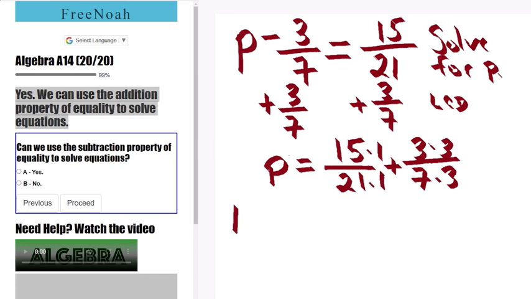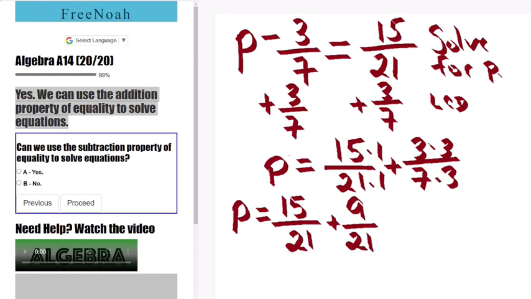And for the first fraction, we're going to multiply the numerator and the denominator by 1, giving us an LCD of 21. So 15 times 1 is 15, over 21 times 1 is 21. Now for the second fraction, 3 times 3 is 9, and for the denominator of the second fraction, we have 7 times 3, which is also 21.